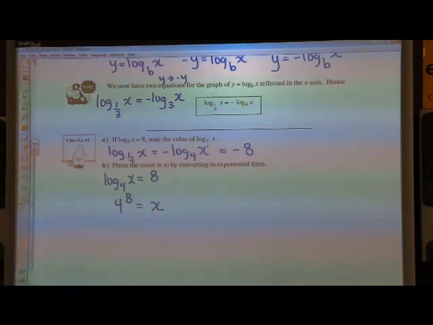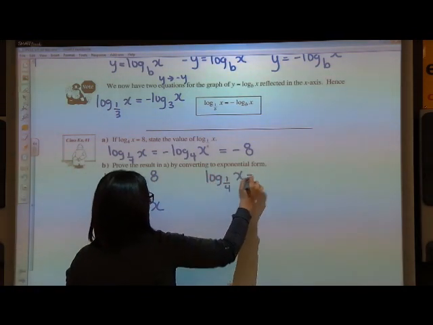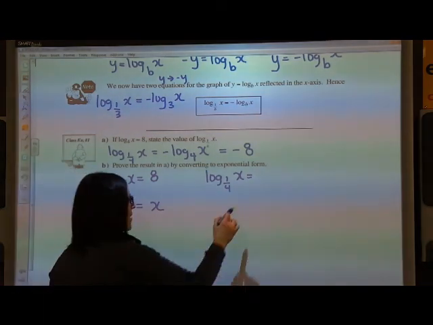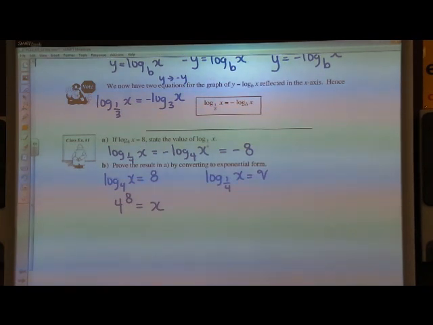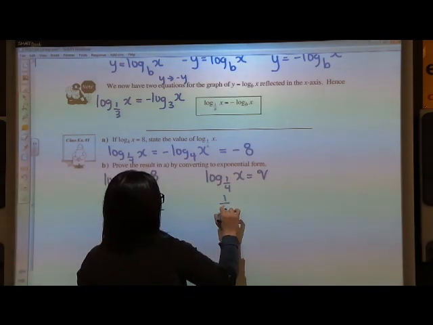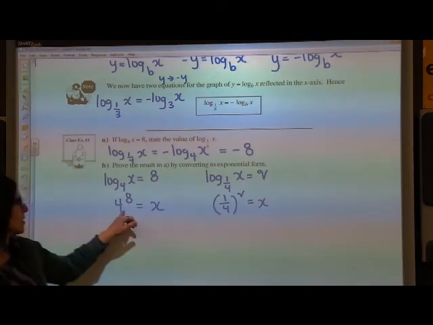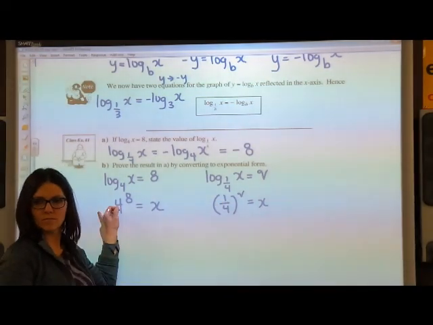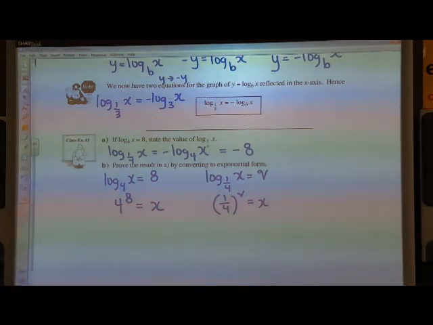If I take the other, log base 1/4 of x, in order to write it into exponential form, I have to let it equal some value. So how would I put this into exponential form? 1/4 to the power of 3 equals x. I don't have the same bases yet. So how would I change the 1/4 to a base of 4? What would I need to do?